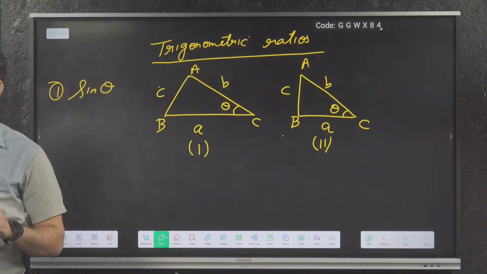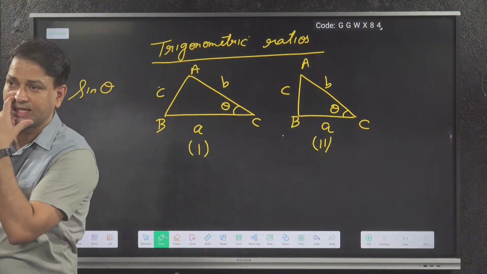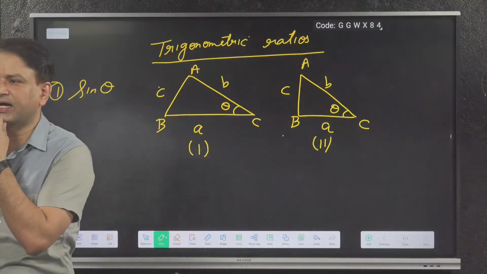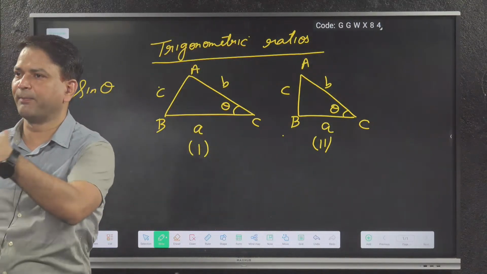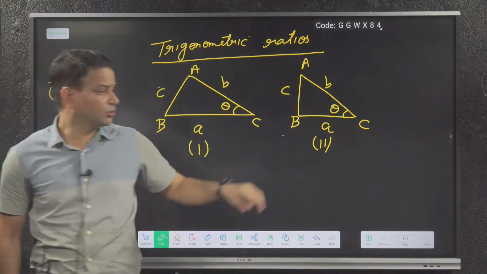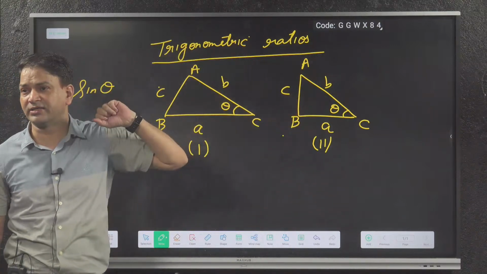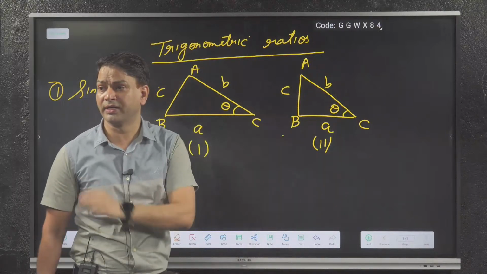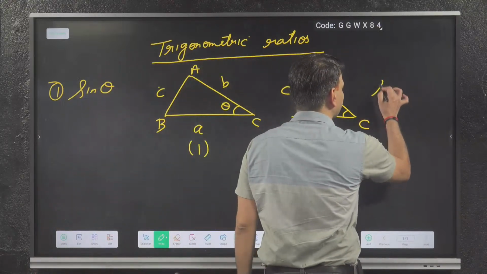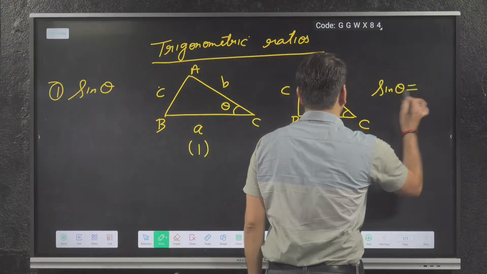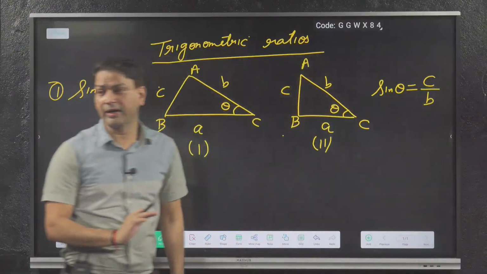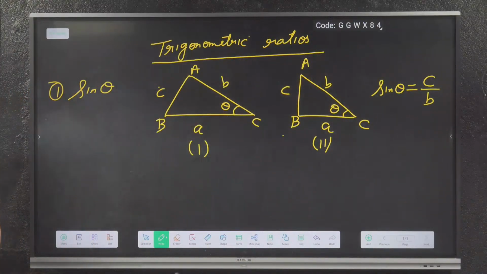In second one, if I am asking what is the sine theta, so sine theta according to your formula that is the opposite side upon hypotenuse. So in the second one, what is the opposite side here? C, and what is the hypotenuse? B. Then I can say sine theta is equal to C by B. Everybody got?